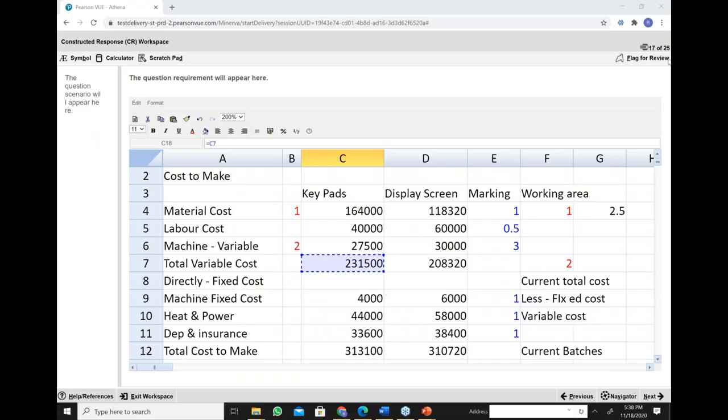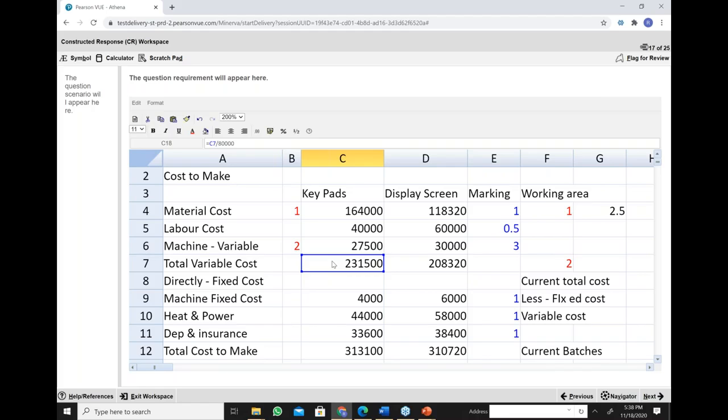So I can do that. It's very easy because I have already separated the variable cost. We'll divide this by the number of units, which is 80,000.